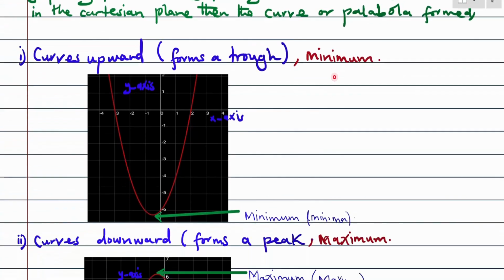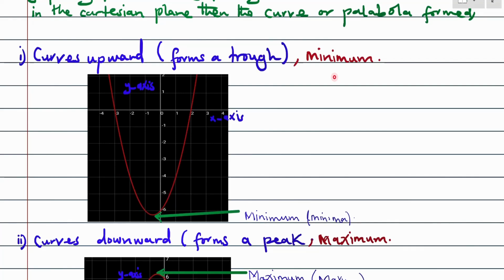Such a graph or parabola has a minimum value, which is the same as a minimum. We can now see this graph. It is curving upward, like this. The minimum point is at the lower extreme, where the parabola turns.